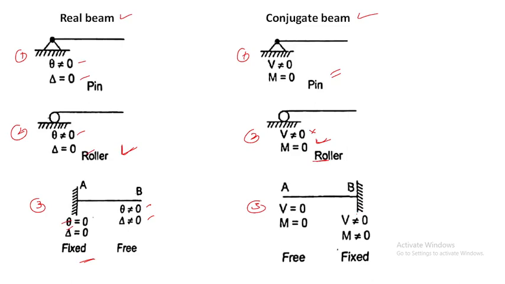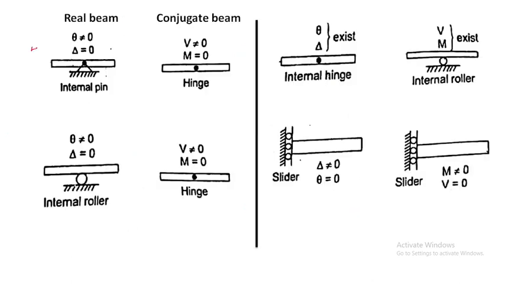So we have to convert like this. This is a real beam, fourth one, fifth one, sixth one and seventh one. The different conditions I have taken to clear your concept. If it is an internal pin, theta of the real beam, that is the slope, is not equal to 0 but deflection is 0.